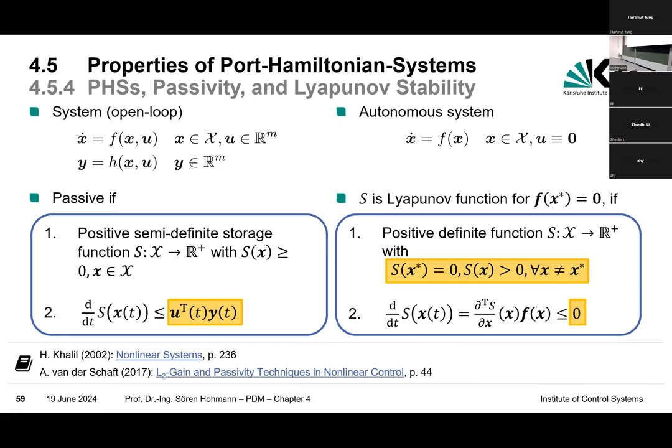Then you can prove this if there is some positive definite function, the Lyapunov function, usually called V, with the following properties: V of x must always be positive, but V dot, the derivative with respect to time, d/dt, is always negative.